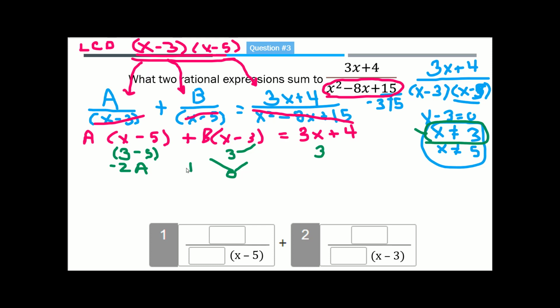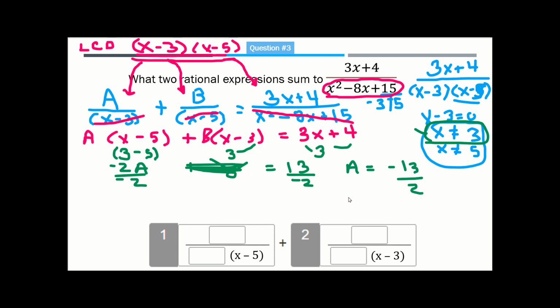So negative 2A plus 0 is equal to 3 times 3 is 9, and 9 plus 4 is 13. Since the term with 0 vanishes, I can just ignore that and divide by negative 2, and A is equal to negative 13 halves.